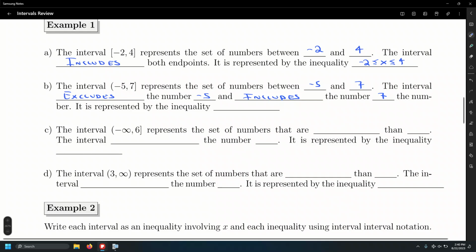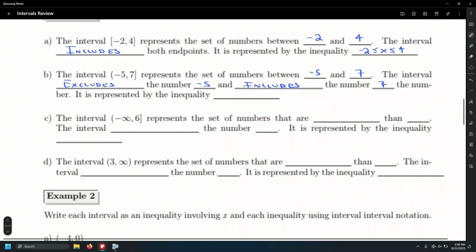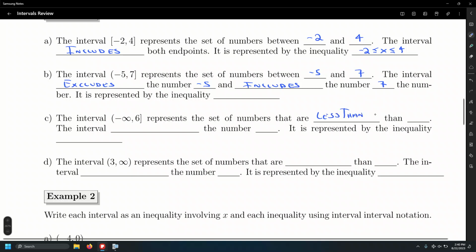So far so good. Is everything making sense so far? All right, let's look at the next one. The interval negative infinity to positive 6 with a bracket represents the set of numbers that are less than or equal to 6. Yes, the inequality for B. Thank you.